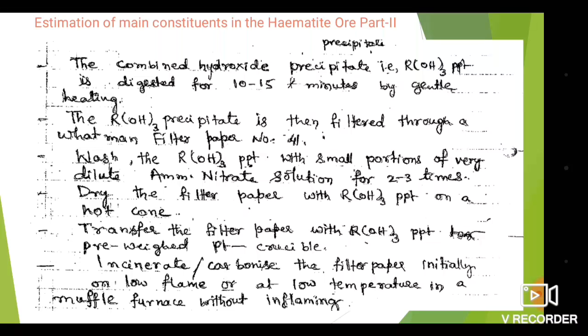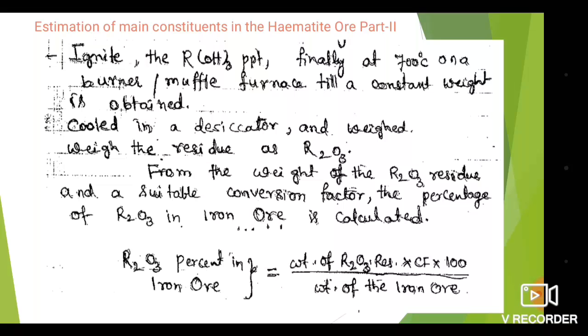Incinerate or carbonize the filter paper initially on a low flame or at low temperature in a muffle furnace without inflaming. After that, ignite the R(OH)3 precipitate finally at 700 degrees Celsius on a burner or muffle furnace till a constant weight is obtained. Cool in a desiccator and weigh the residue as R2O3.